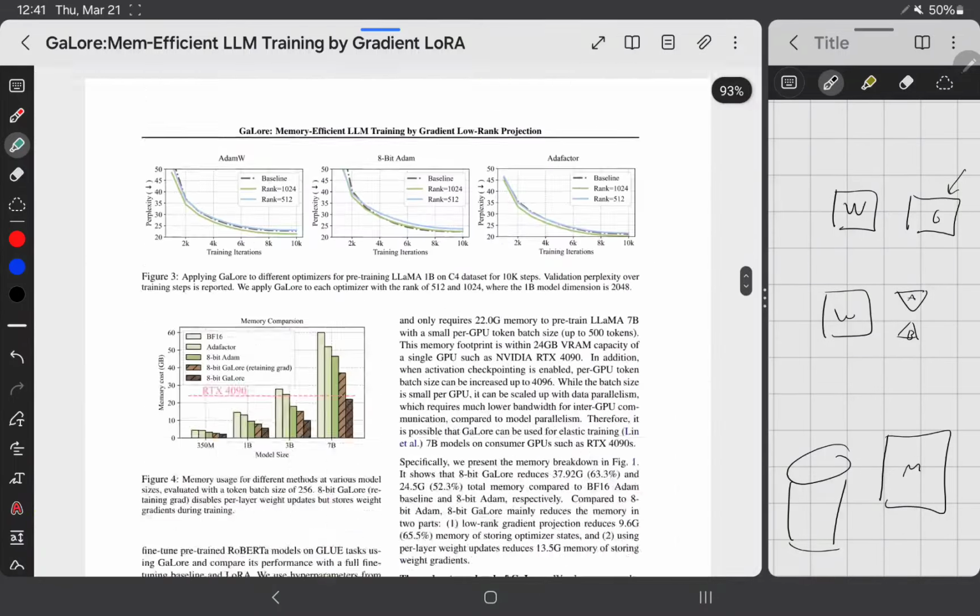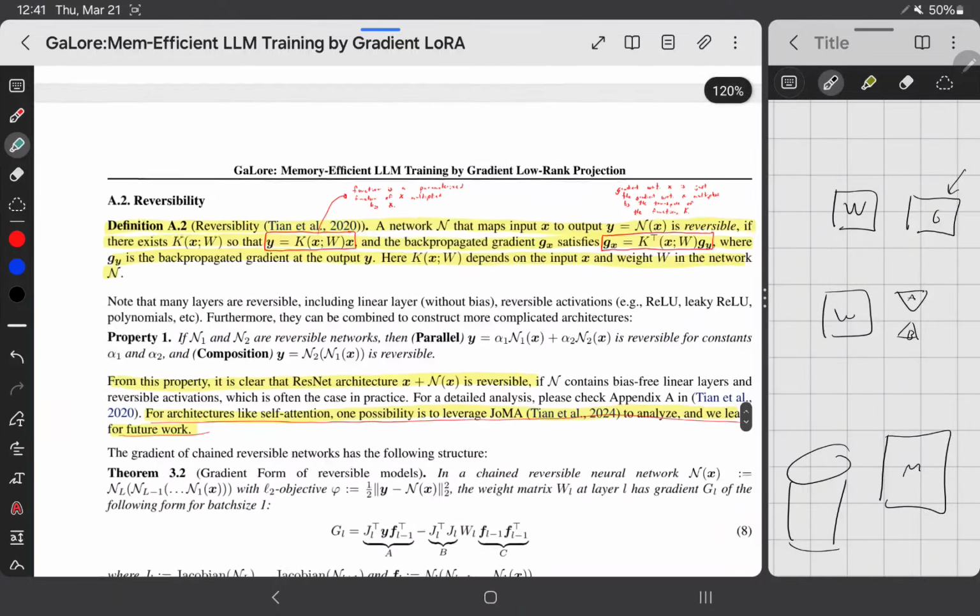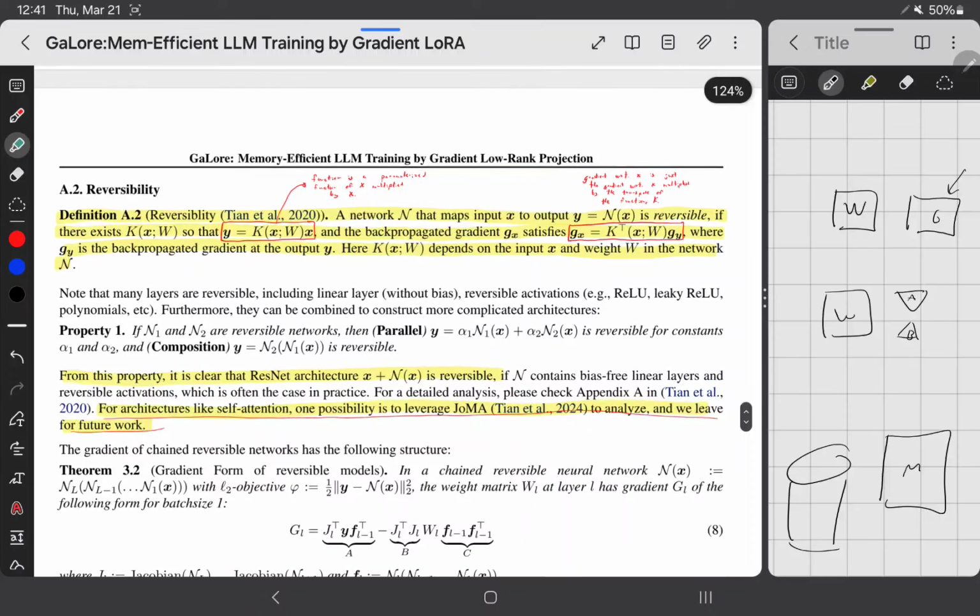If we go down here to what a reversible network is, it's defined here. A network that maps an input x to an output y is reversible if there exists a function K so that this is satisfied and the gradient satisfies this function here, where g sub y is the backpropagated gradient at output y.